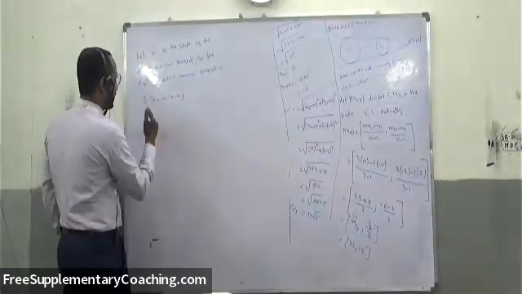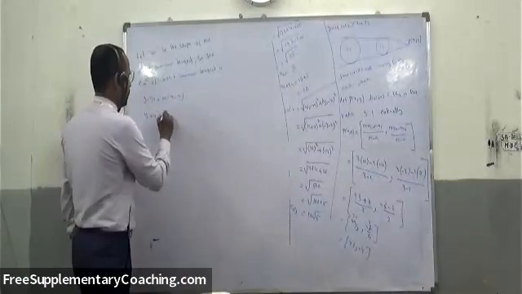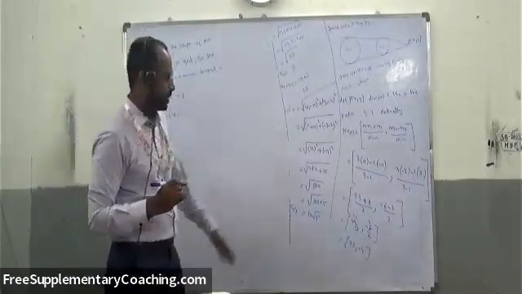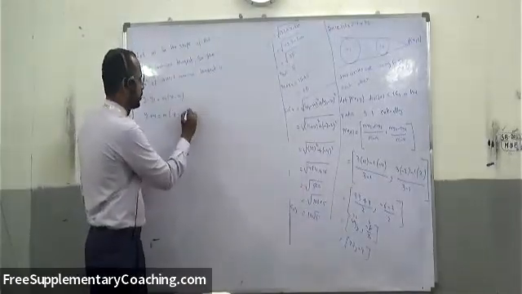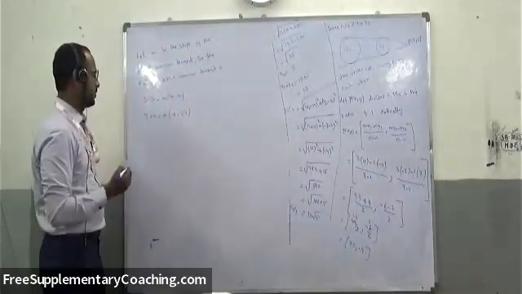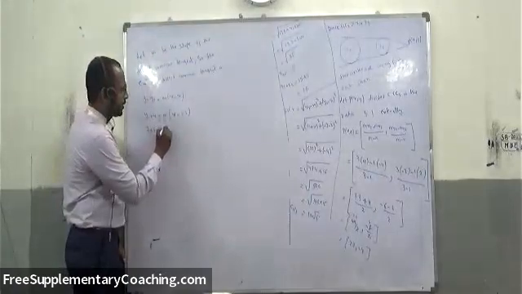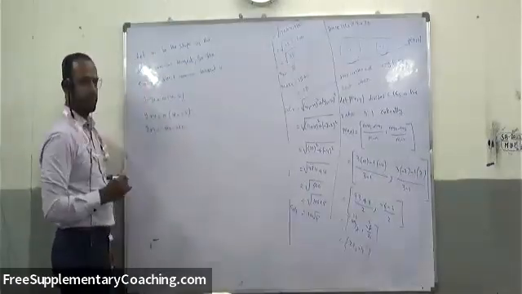Minus 4, so y minus into minus, plus 4, is equal to m. We do not have any value for m, keep it as it is, times x minus x1, which is 22. Just simplifying it, y plus 4 is equal to mx minus 22m.